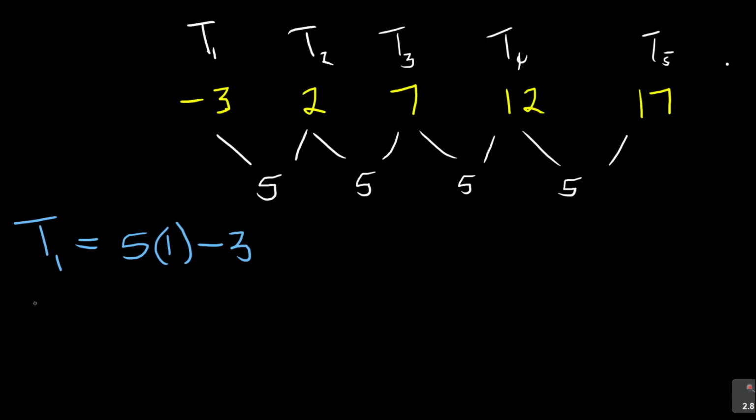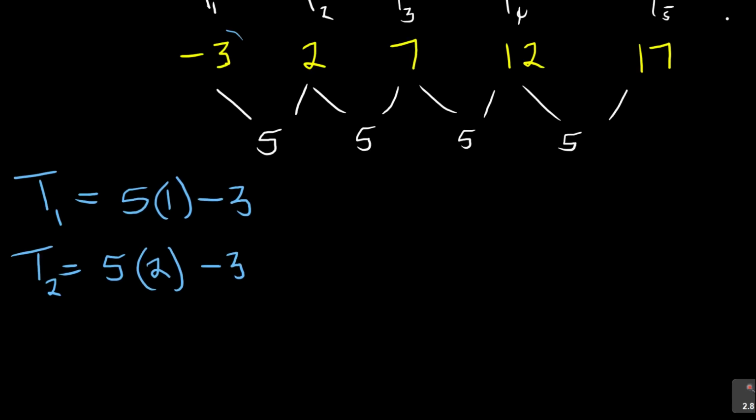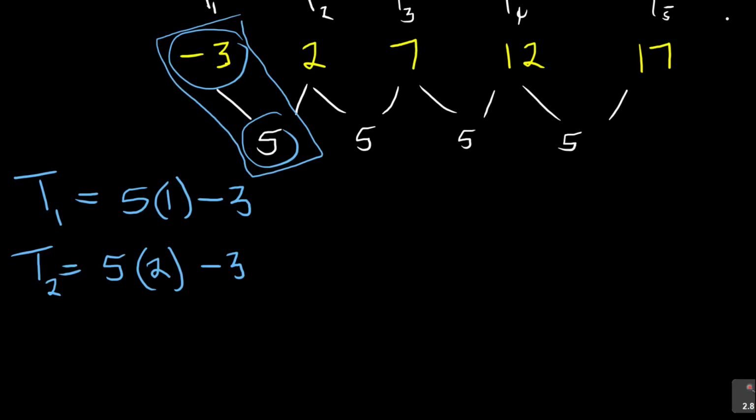And then T2 is equal to 5, 2, I maintain minus 3. Where did I get minus 3? There is minus 3. Where did I get 5? There is 5. So I said 5, 1, because it was T1. 5, 1 minus 3. So I used this one.